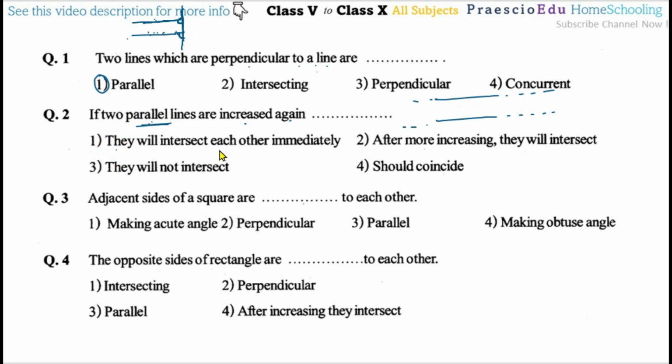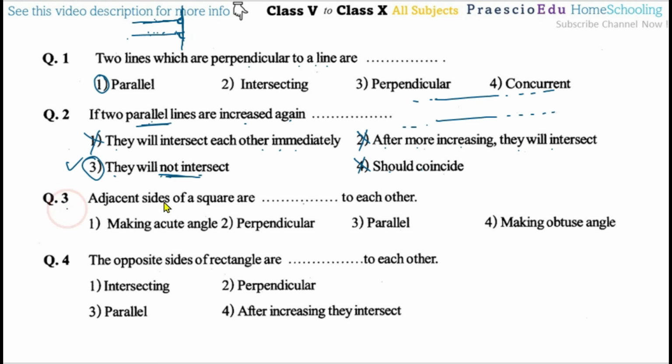They will intersect immediately, no, this is incorrect. After some extension they will intersect, no, this is also incorrect. They will not intersect, yes, so option number 3 is the correct one. Should coincide, no, so options 4, 2 and 1 are incorrect. Only option number 3 is correct.